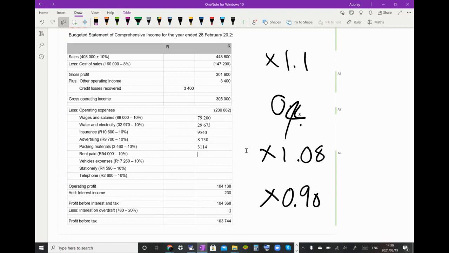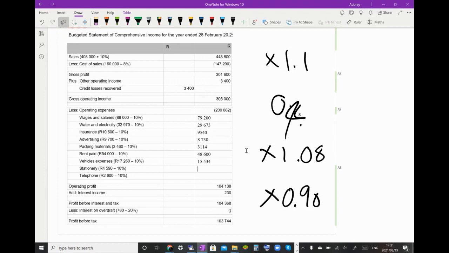So 90% of 54,000, what do we get? 48,600. Okay. Then vehicle expenses, somebody calculate that. 90% of 17,260. 15,534. All right, thank you.